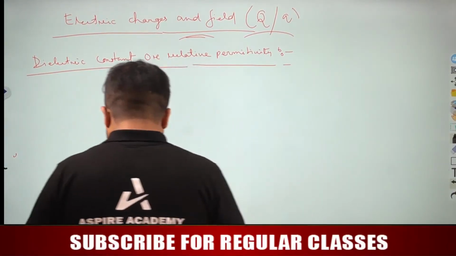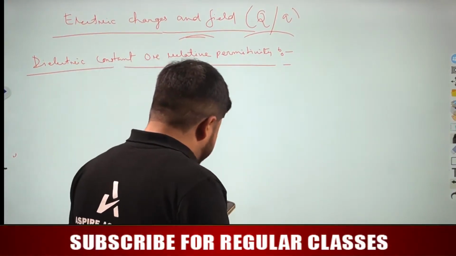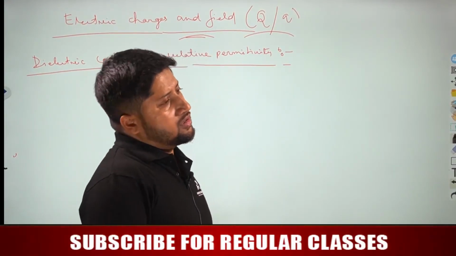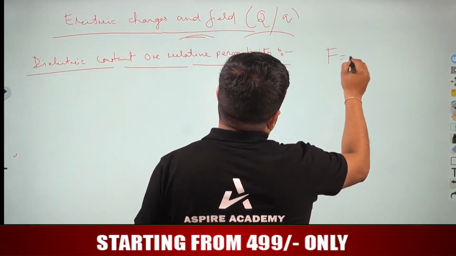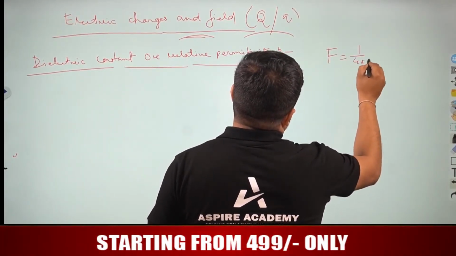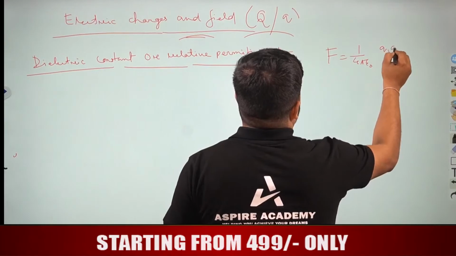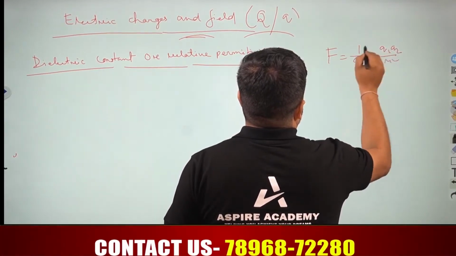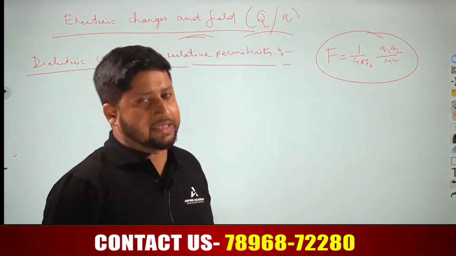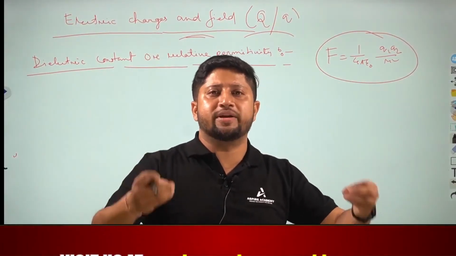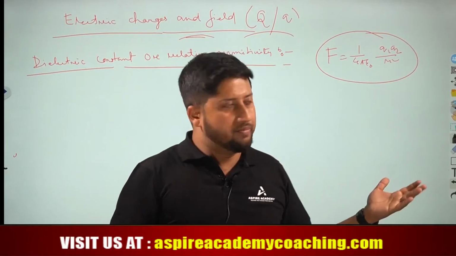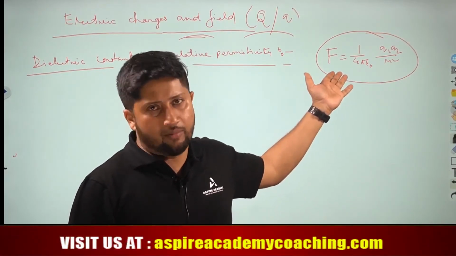First of all, what are dielectrics? We know the formula: force is equal to 1 by 4 pi epsilon naught Q1 Q2 by R square. In which medium is this force created? Vacuum, obviously. This force is valid in vacuum only.